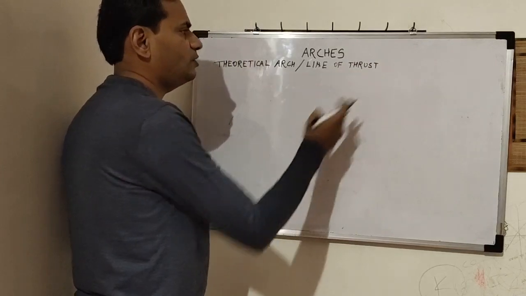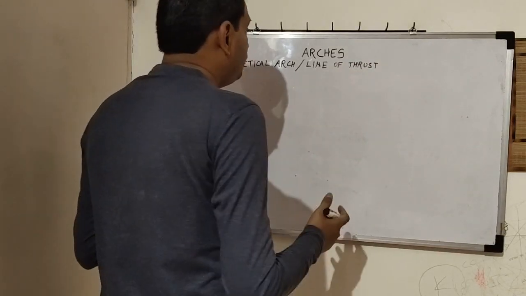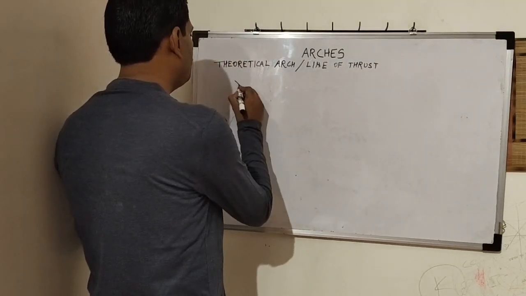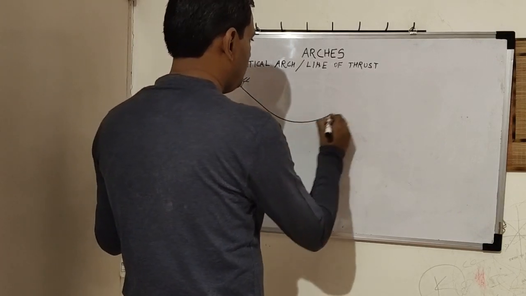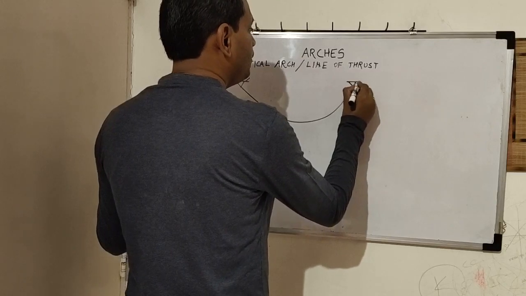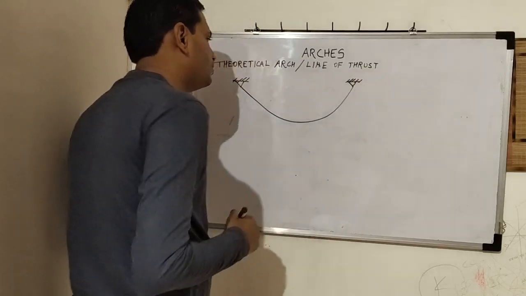So theoretical arch or line of thrust. We shall first of all assume a cable, a suspension cable, which we have seen in engineering mechanics also.